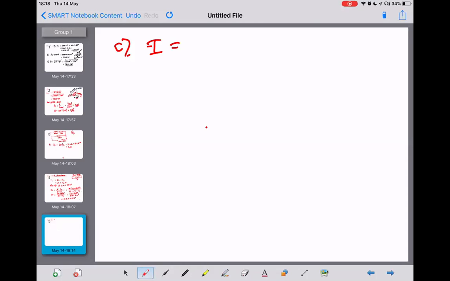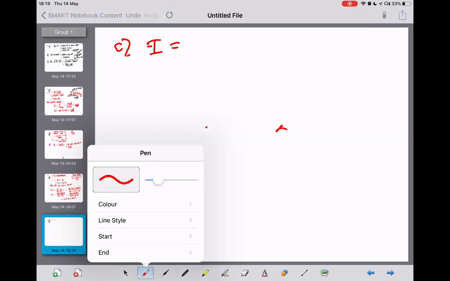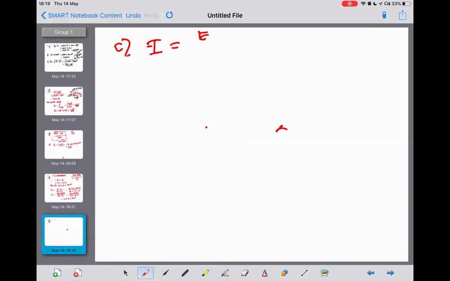I've got I is equal to E over ZT. That's just Ohm's law, Warren, isn't it? Yeah, I'll just put I equals E over ZT.